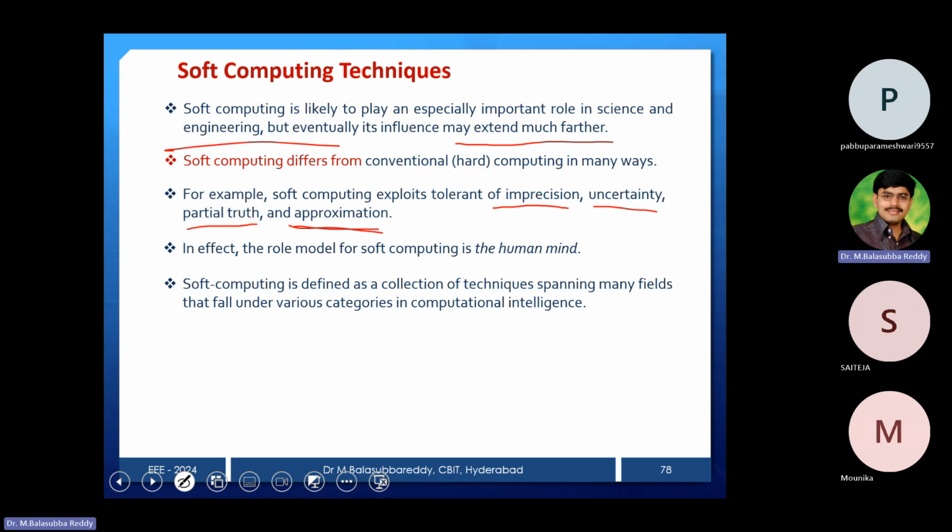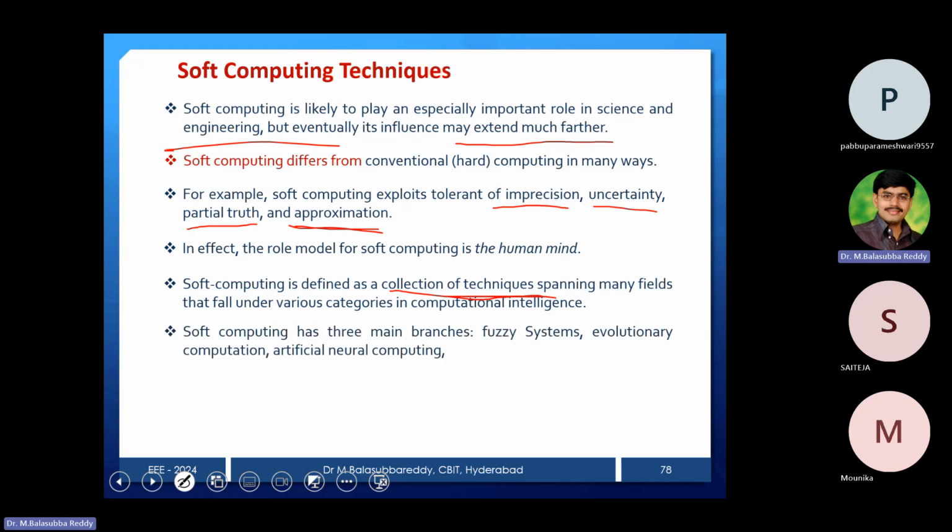There is a collection of techniques spanning many fields that fall under various categories. As I said, it is not only science, all engineering departments are using these soft computing techniques. There are three main branches in soft computing.